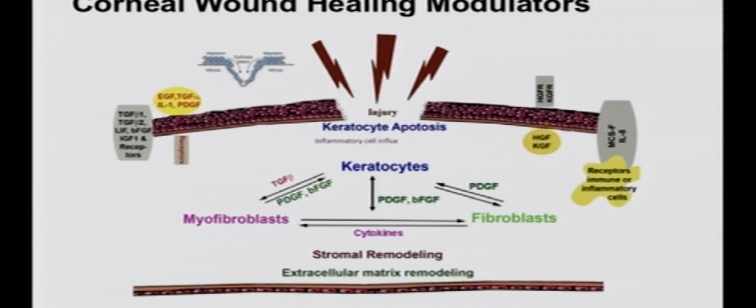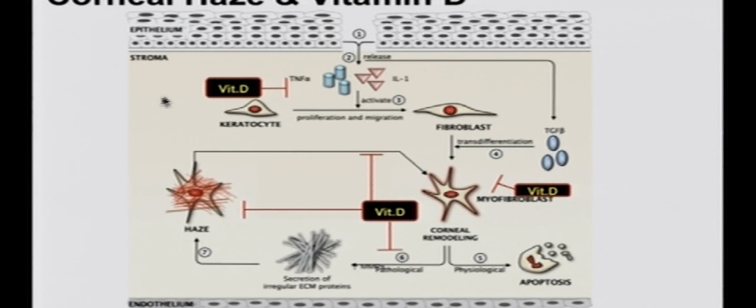It has an important role in wound healing. This is what happens when you have a small cut, even when a few epithelial cells get abraded. A bunch of molecular signatures or pathways occur. This is from the wound healing pathway mechanism, and it's not just from the eye.